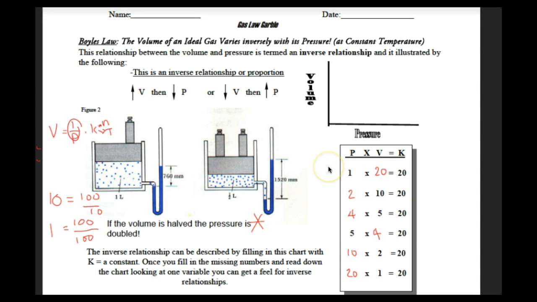So let's pay closer attention to the relationship that we see going on here. If the pressure doubles, then the volume just halved itself. 10 is half of 20.